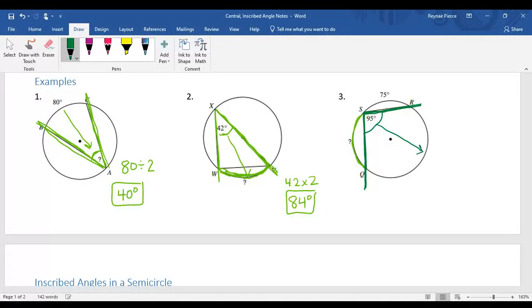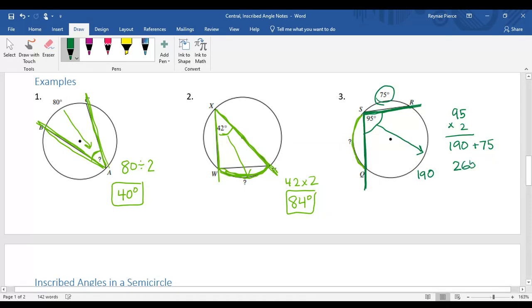To get to the measure of this arc, I need to multiply by 2. 95 times 2 is 190 degrees. 190 plus the additional 75 gives me 265 degrees. There are 360 degrees in a circle altogether, so when I subtract 265, I get my final answer of 95 degrees.